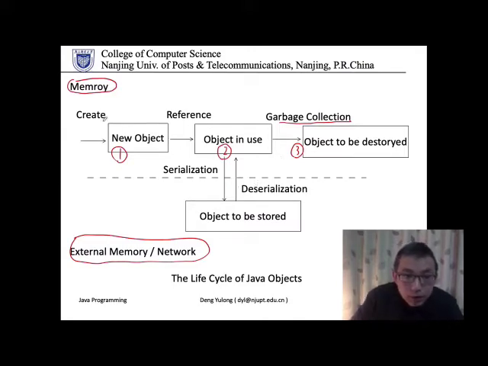But inside the memory, if we turn off the computer, all the data stored in the memory will disappear. Okay, that is the difference. So why should we have the external memory? If we turn off our computer, all the objects inside our software, inside our application, will disappear.